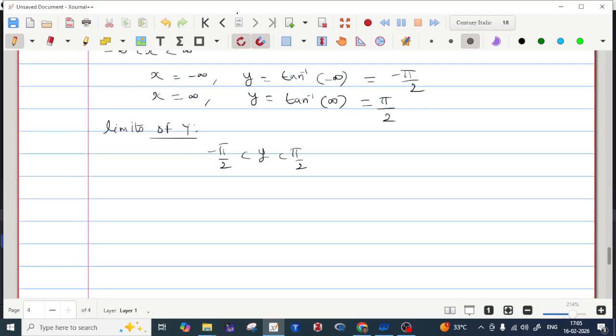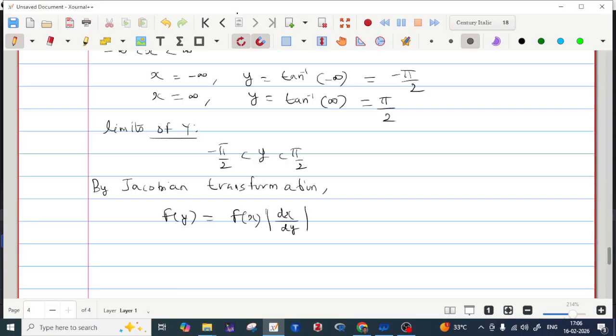Now by Jacobian transformation, the formula is f(y) equals f(x) times mod dx upon dy.